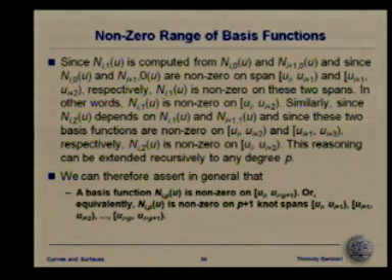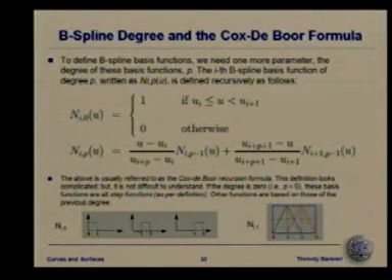Or equivalently, N_i,p of u is non-zero on p plus 1 knot spans, from u_i to u_(i+p+1). So you have it here. When you're reasoning at level 0, it is 1. When you're reasoning at level 1, you have a span of 2, starting from the knot you are considering over here.